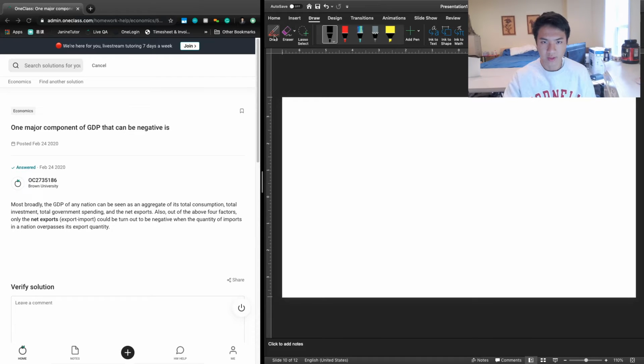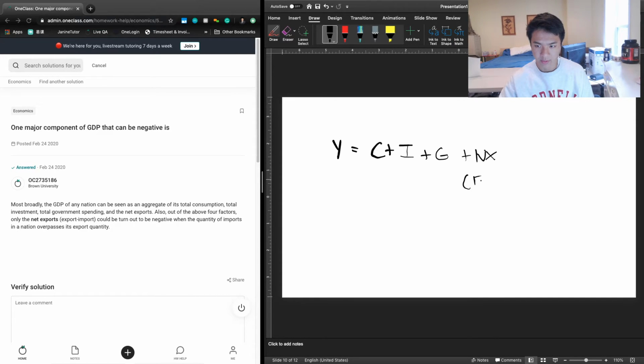When we do a consumption approach, Y, which is GDP, is equal to consumption plus investment plus government spending plus net exports, which is given by exports minus imports, right? And so all components of GDP will fall under one of these 4 categories, right? And so the question is, which major component of GDP can be negative?